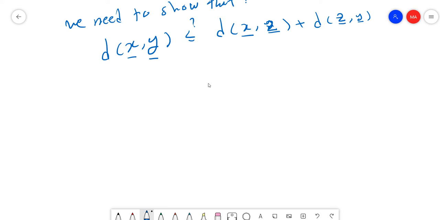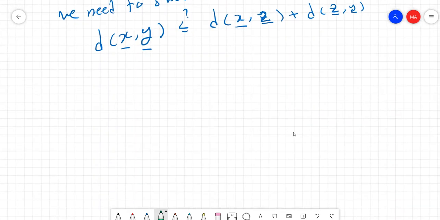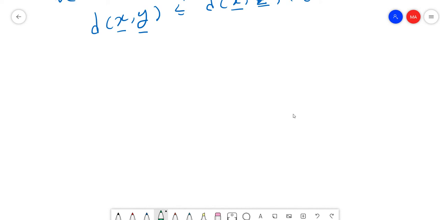We need to use some celebrated inequalities such as the Holder inequality or the Minkowski inequality or the AM-GM inequality. For this kind of inequality, we need to remember the Minkowski inequality. Let us recall what the Minkowski inequality is.